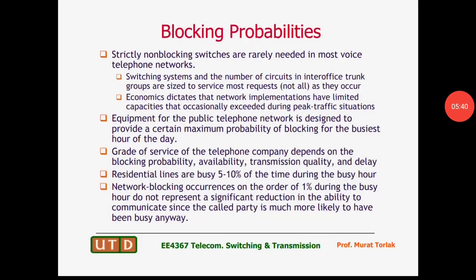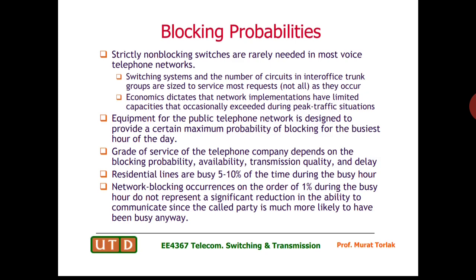Equipment for the public telephone network is designed to provide a certain maximum probability of blocking for the busiest hour of the day. Grade of service of the telephone company depends on the blocking probability, availability, transmission quality, and delay.